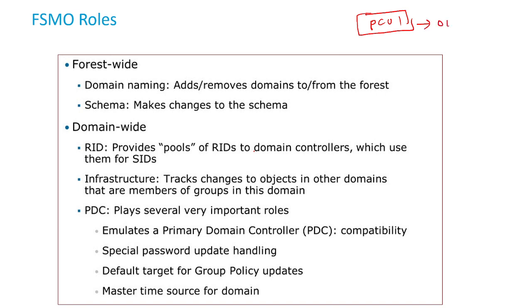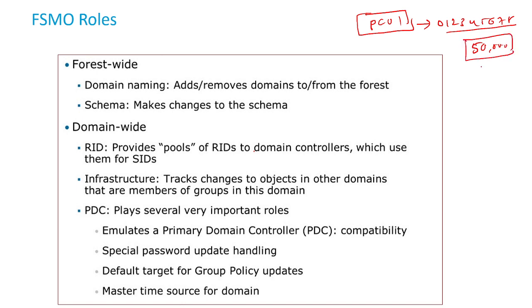RID means a number like 0, 1, 2, 3, 4, 5, 6, 7, 8. The RID master should have a pool of RIDs. So there will be around 50,000 RIDs, meaning 50,000 objects can be created.